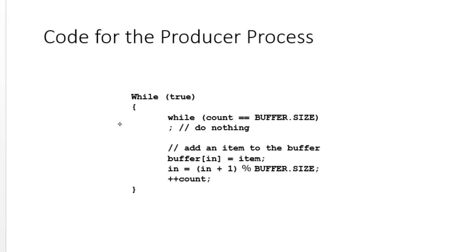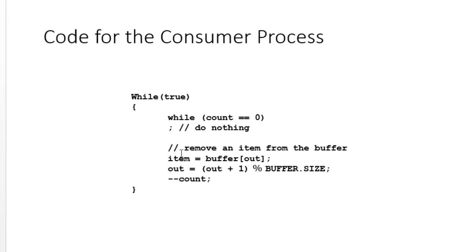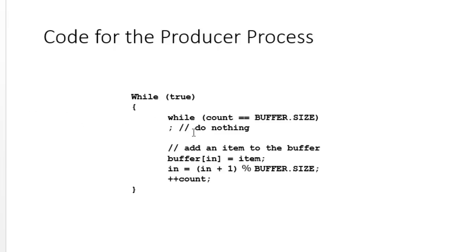Both producer and consumer processes have a local variable called item, to hold a newly produced item or to hold an item that has to be consumed. In the consumer process, this item is used to hold the item that has to be consumed. Similarly, in the producer process, this item is used to hold the newly produced item that has to be put into the buffer.